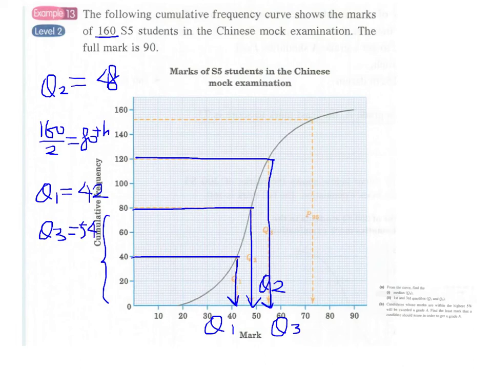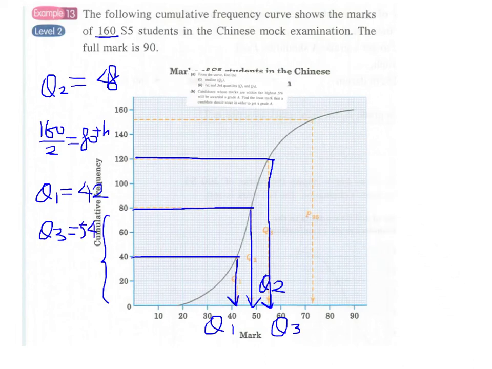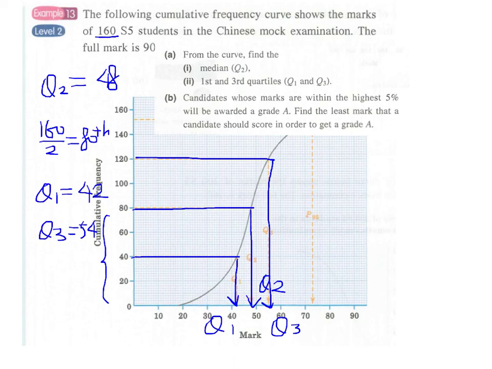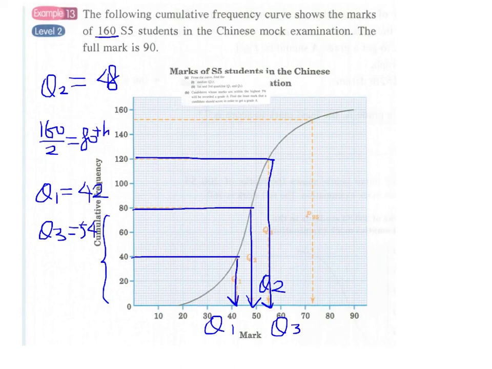And for part B, again, we have to find the highest 5% of the students. Since the highest 5% will be awarded a grade A, find the least mark that a candidate should score in order to get a grade A. So we have to look for the top 5% of the marks.